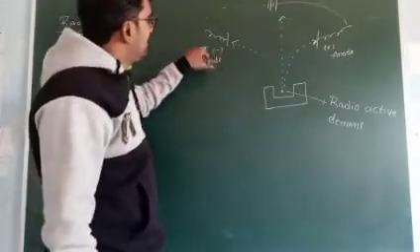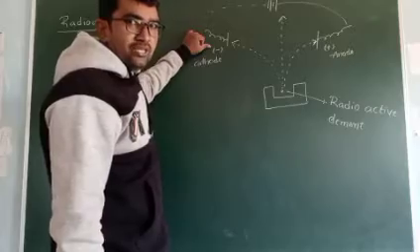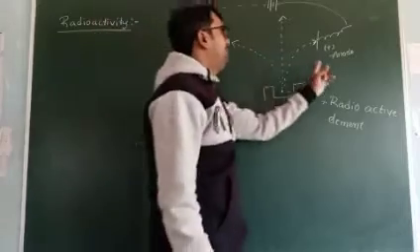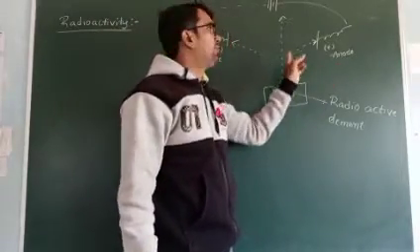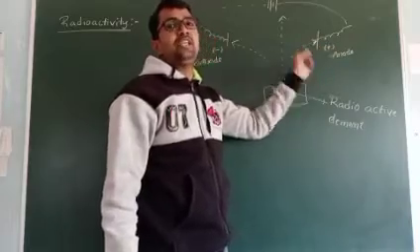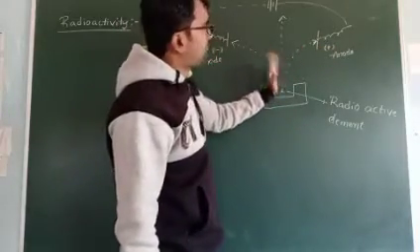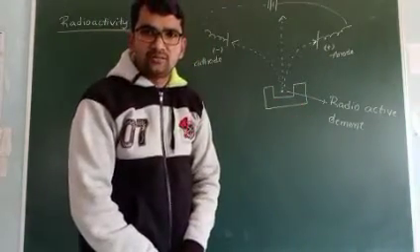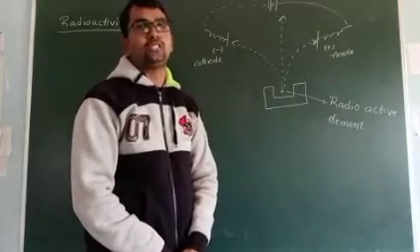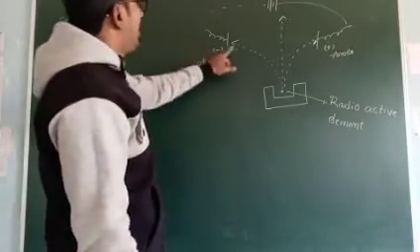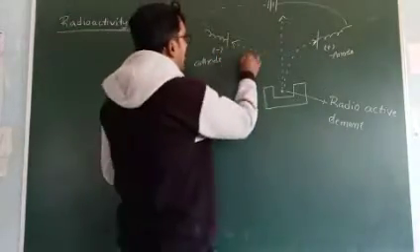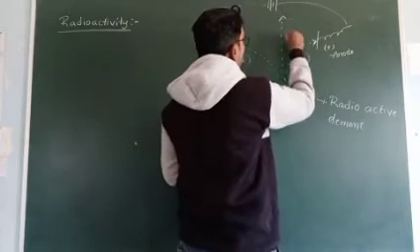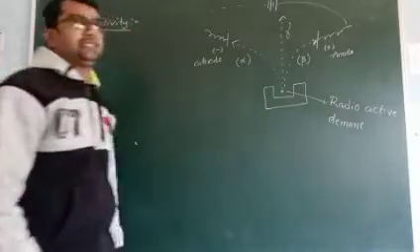Just a very simple reason. Some rays move towards the negative electrode, which means those rays must be positively charged. Some rays move towards the positive terminal, which means those rays must be negative. And some do not move towards either terminal and move straight, which means these are no-charge rays. The positive ones are alpha particles, these are beta particles, and these are gamma particles.